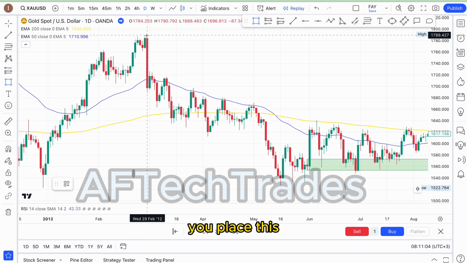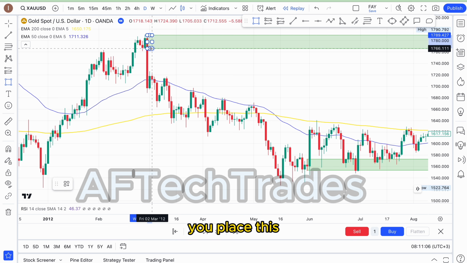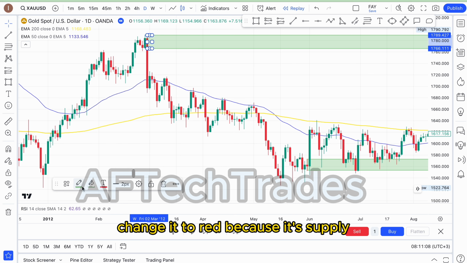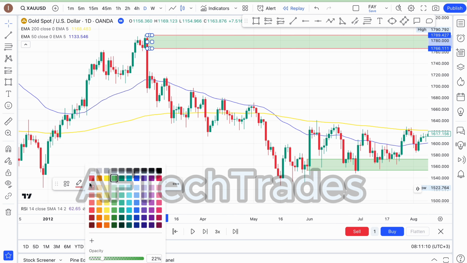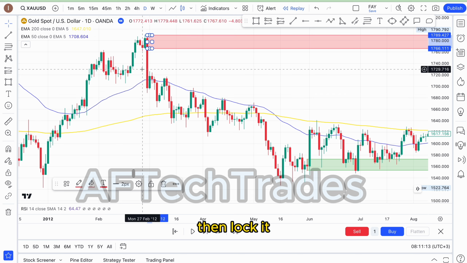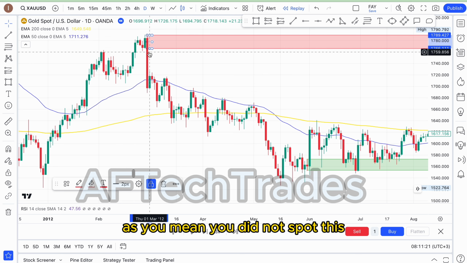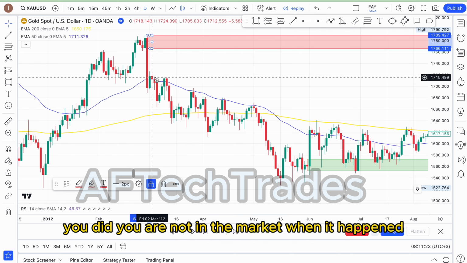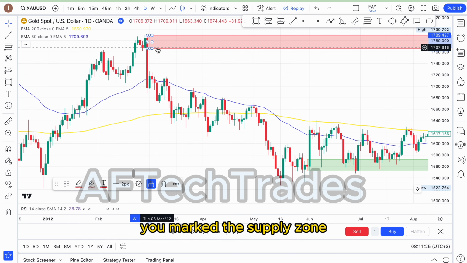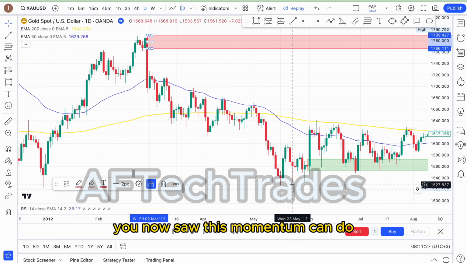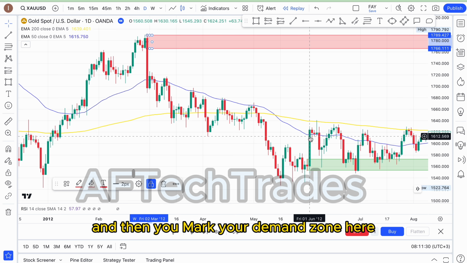You place this, change it to red because it's supply, then lock it. So this is your supply region, marked here. Assuming you did not spot this and you were not in the market when it happened, no worries. Here you now saw this momentum candle, and then you mark your demand zone here.